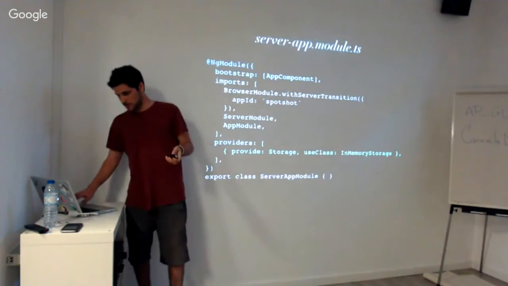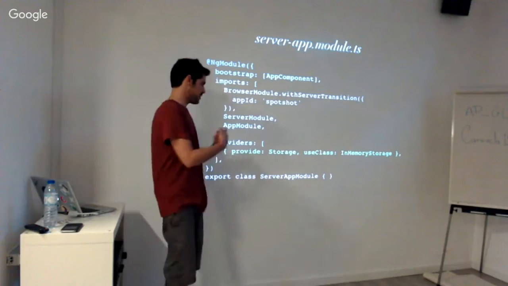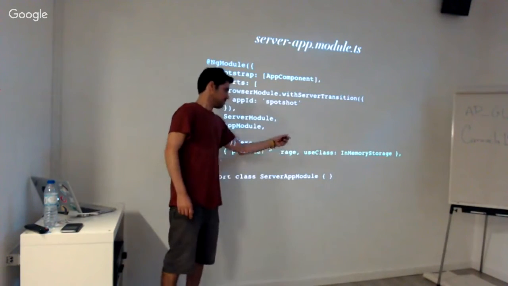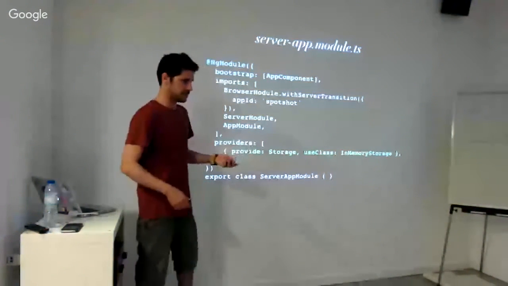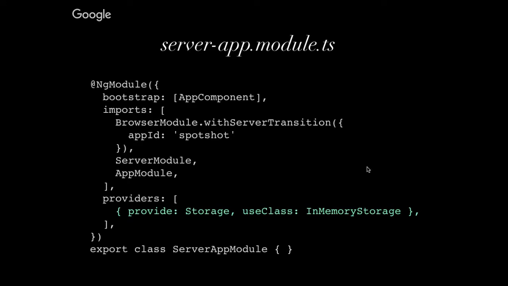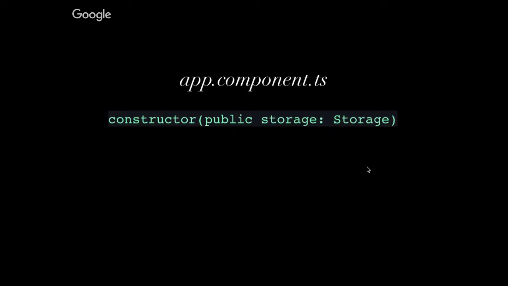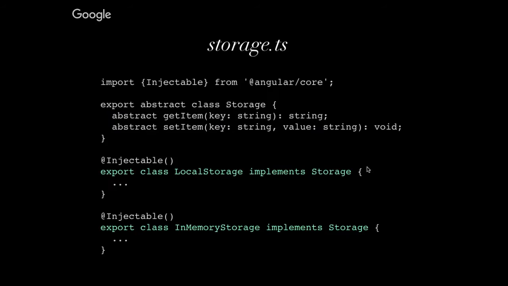And on the server, we provide the same class name, but we use a different implementation. And on the component, you just use it without caring about the implementation detail. So it's going to be different on the server and on the browser, but for the component, everything stays the same.